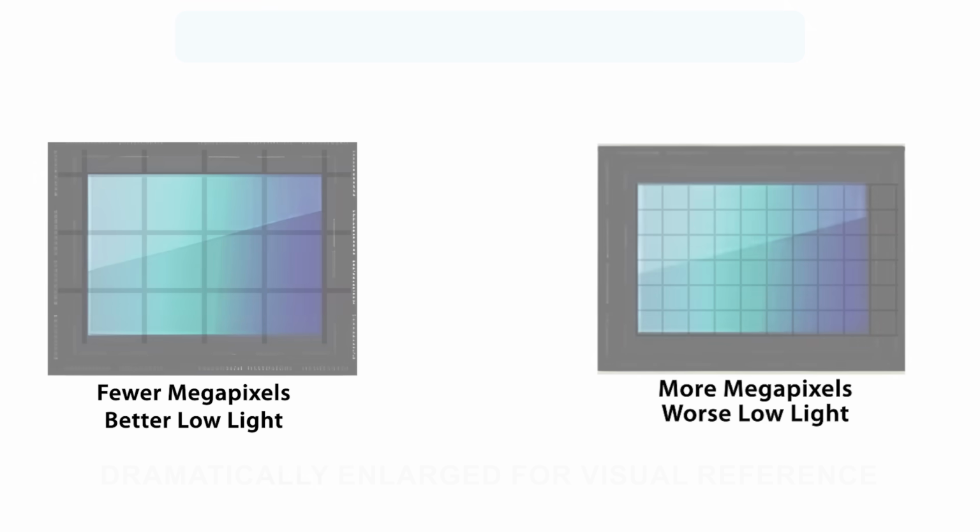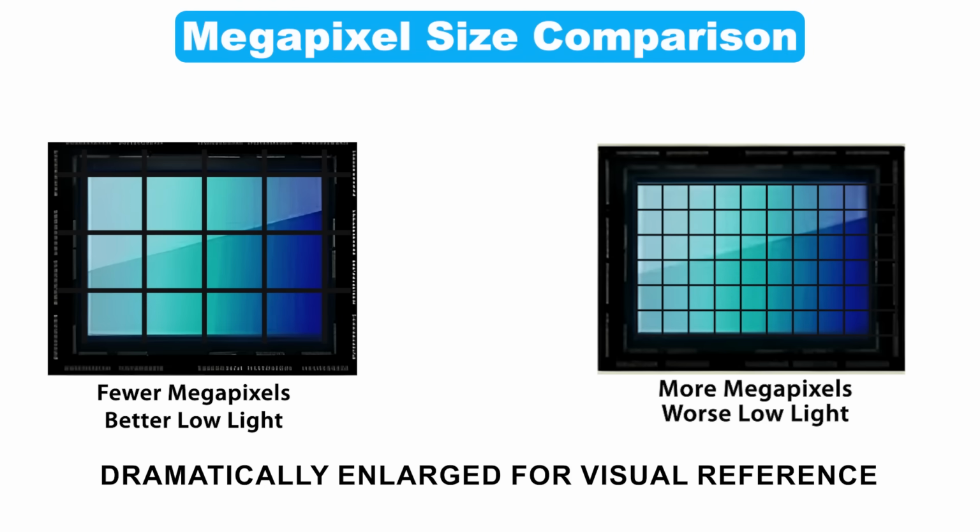The second thing, and this one surprises a lot of people, is that having fewer megapixels will actually improve your low light photos. I know that sounds backwards, but here's why. On a full frame sensor, fewer megapixels means each individual pixel or photo site is physically larger on the sensor. Larger pixels means that each one can capture more light, which means less noise at high ISOs.